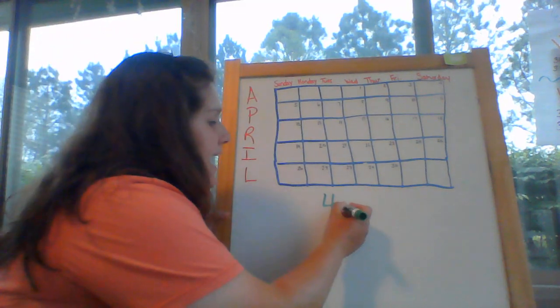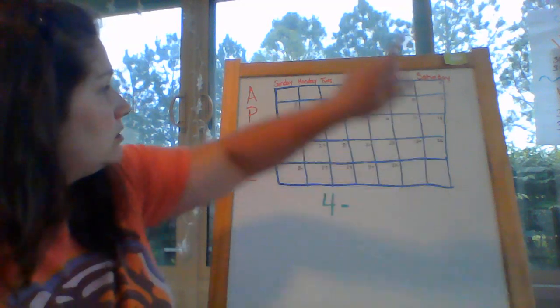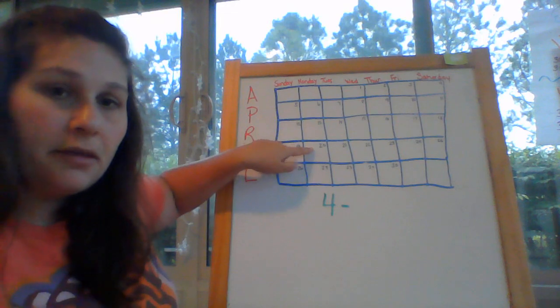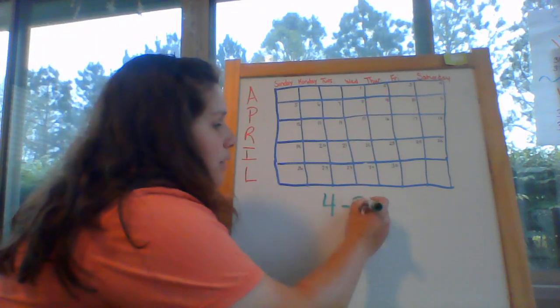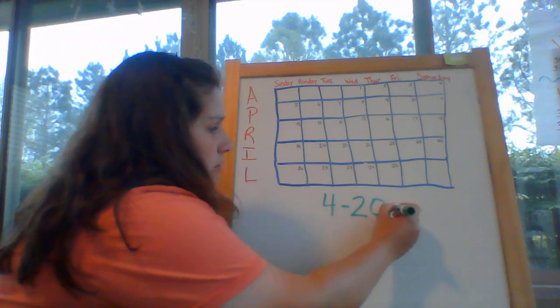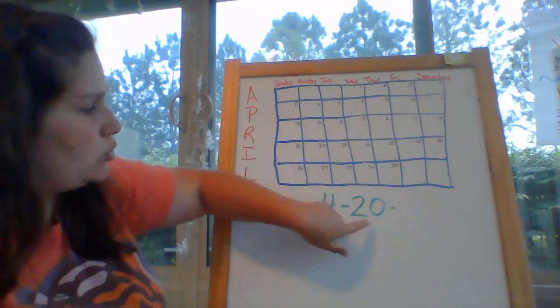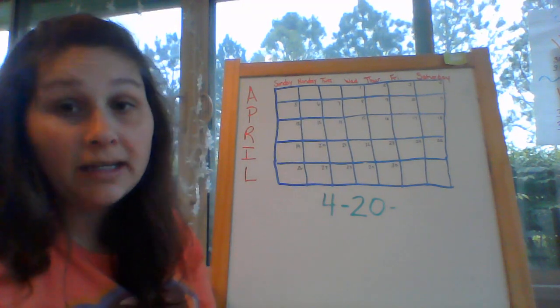Now, I'm going to put my dash. I'm going to think about what today's date is. Today is the 20th. Monday, the 20th. So 4-20, Monday the 20th, April 20th. And what year is it? 2020.